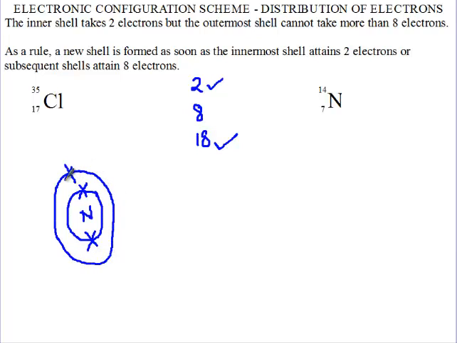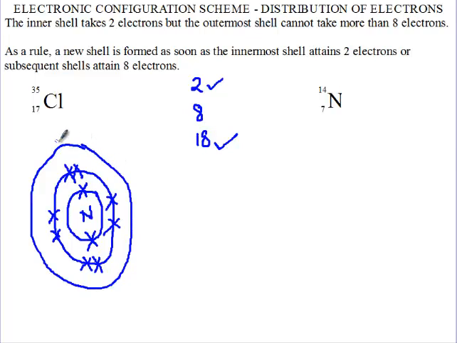Our second shell will take a maximum of 8. So here 1, 2, 3, 4, 5, 6, 7, 8. Now we have distributed 10 electrons. We still have 7 more. So that means a new shell will be added.